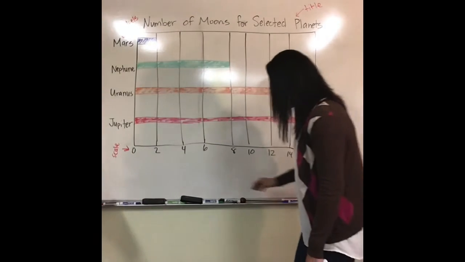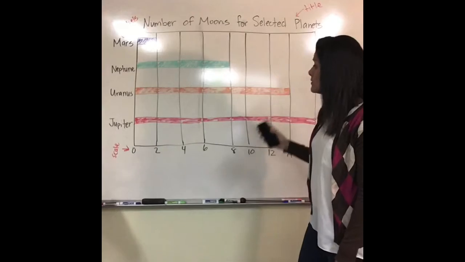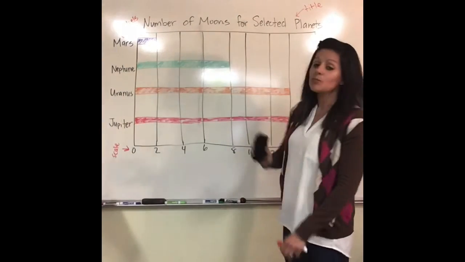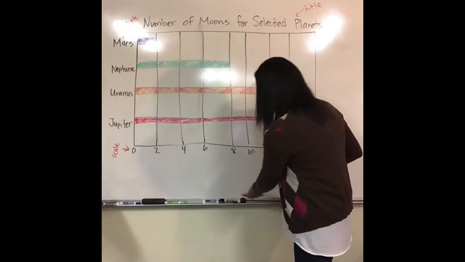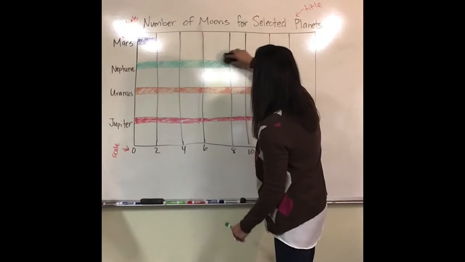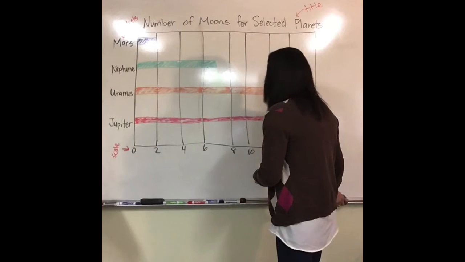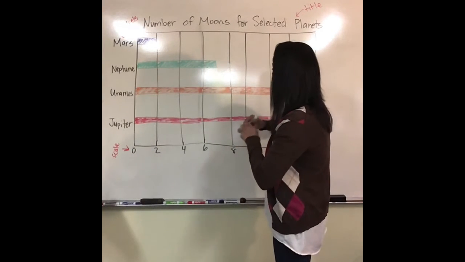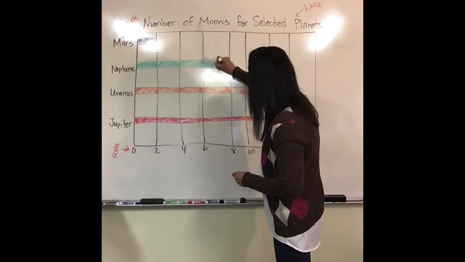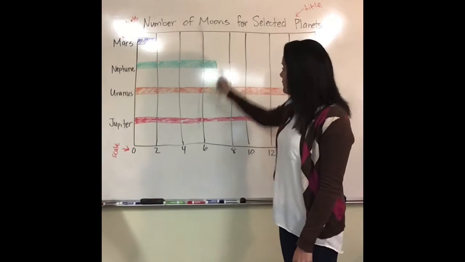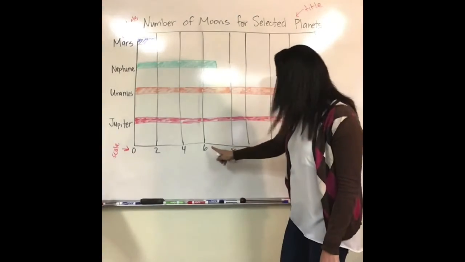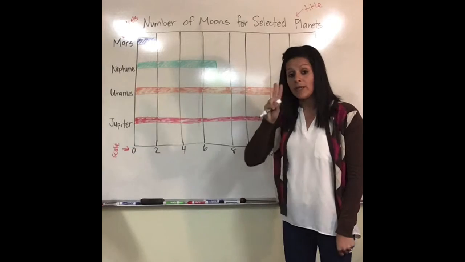Now one thing I want to show you though that could be tricky is let's just pretend that Neptune stopped right here. It only went halfway through. It didn't hit the line. Well, if you notice, down below, the scale goes by 2s.